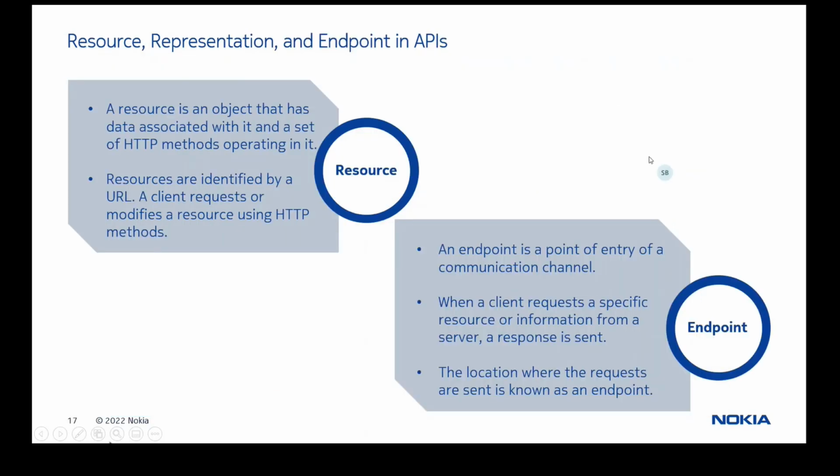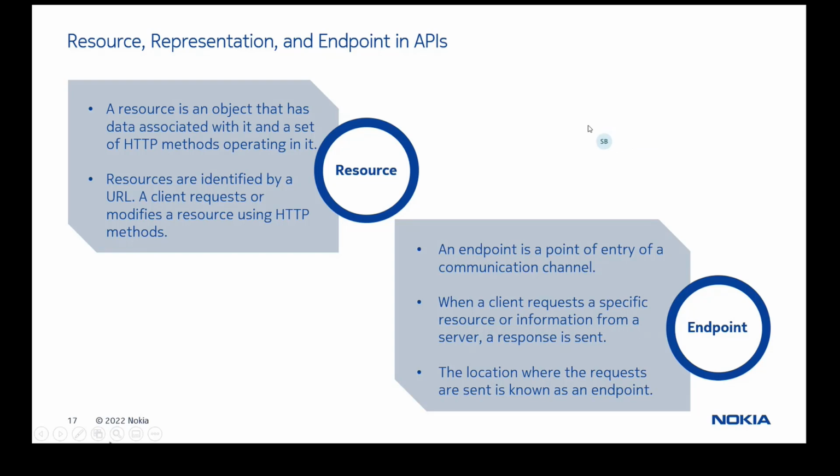Okay, so I mentioned REST is really an architecture style, basically how the architecture of the API is made up. When talking about REST APIs or REST-conf APIs, you may hear some terms, such as resource, representation, and endpoints.